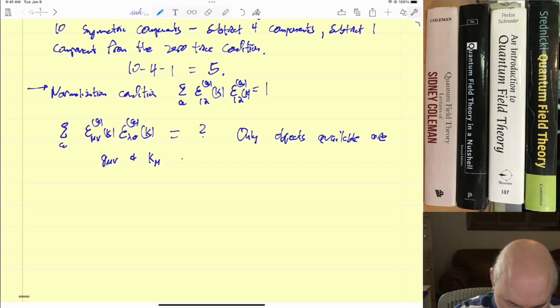And we'll work more often, just conveniently, with G mu nu, which has the same definition as it was defined previously.